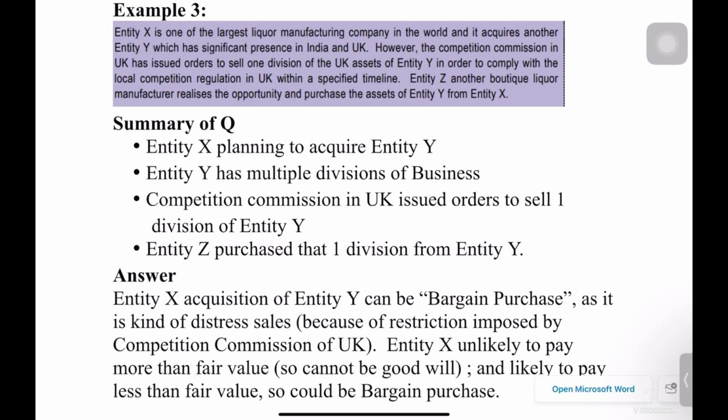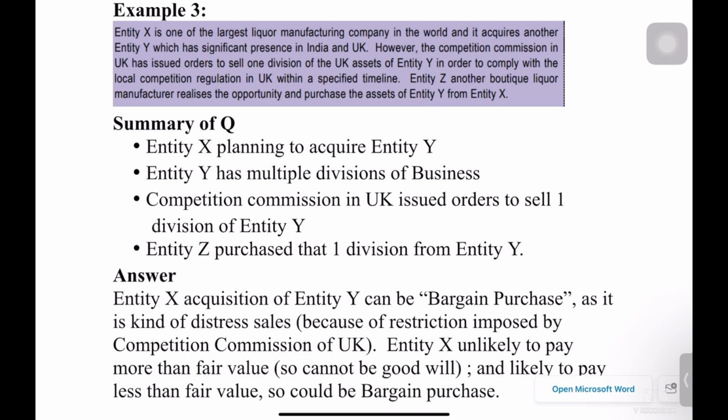We can see this is a kind of distress sale, because when entity X is planning to acquire entity Y, there is a condition imposed by the competition commission in the UK that one division of Y needs to be sold before the acquisition happens or within a certain timeline post the acquisition.